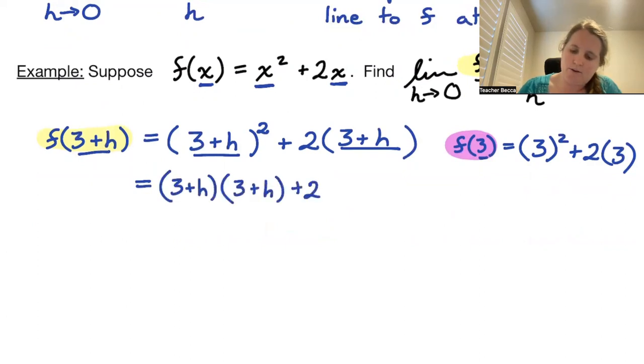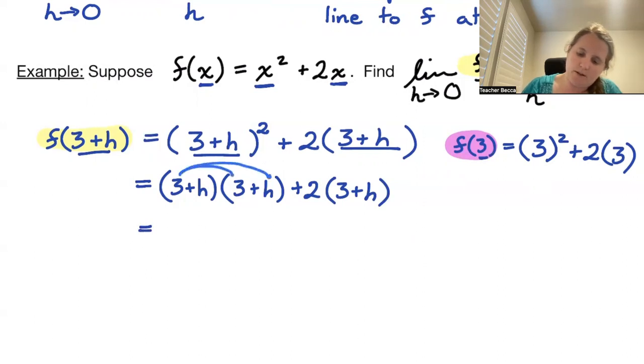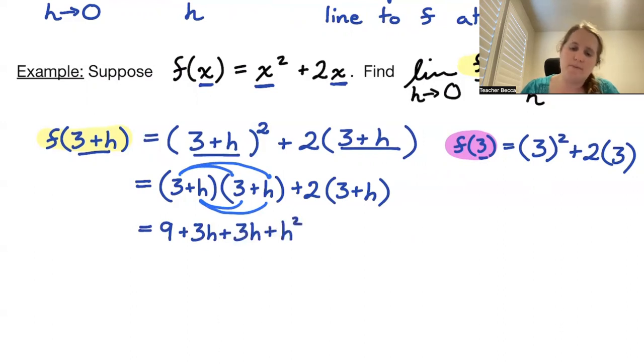Then we are adding our plus 2 times 3 plus h. If we FOIL out 3 plus h times 3 plus h, we have a 3 times 3, then a 3 times h, an h times 3, and an h times h. That gives us 9 plus 3h plus another 3h plus h squared.